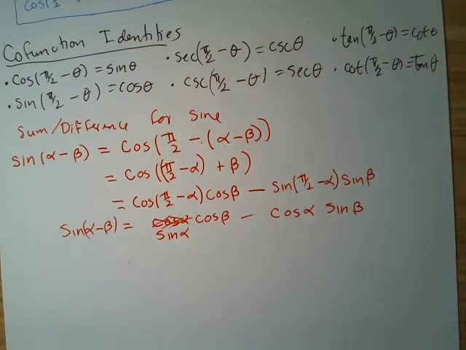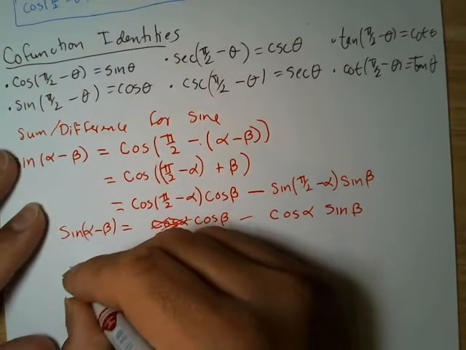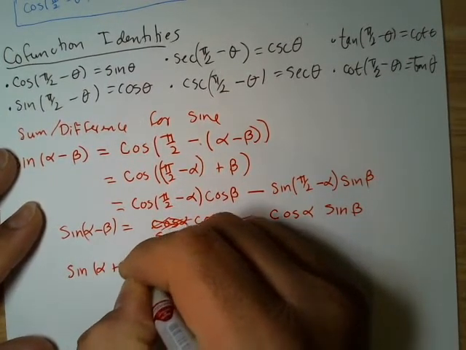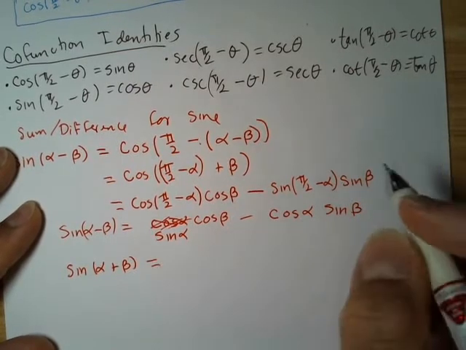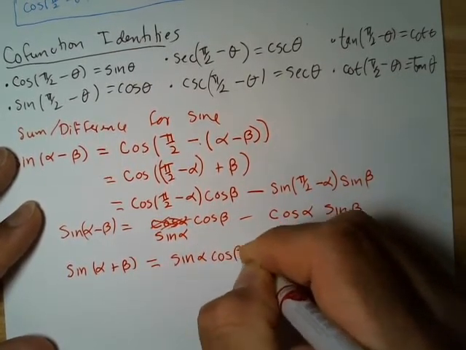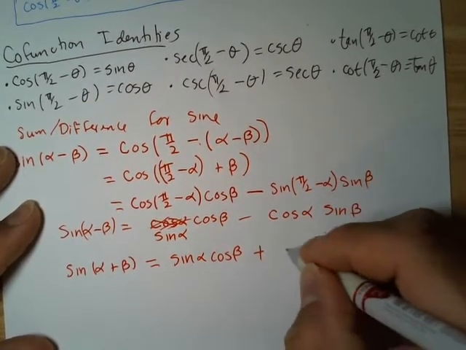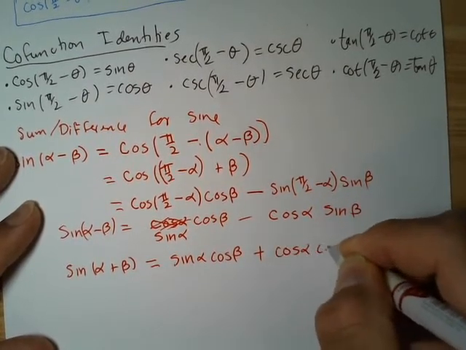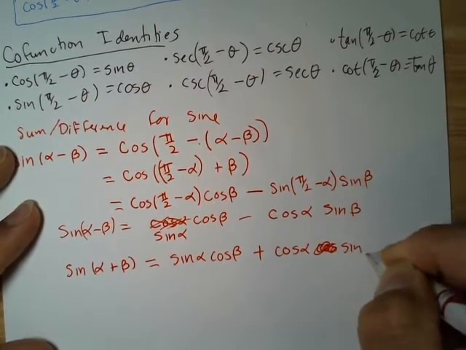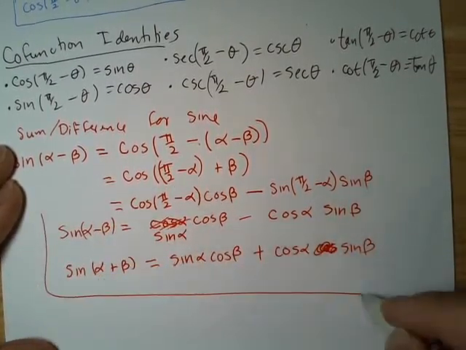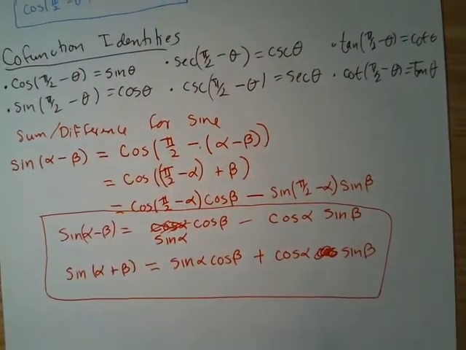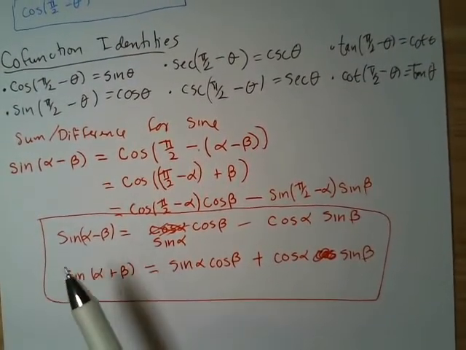In a similar way, I won't go through the proof like I did here, but as an exercise, you can try it on your own: sine of alpha plus beta. Notice the difference in the cosine and the sine formulas.